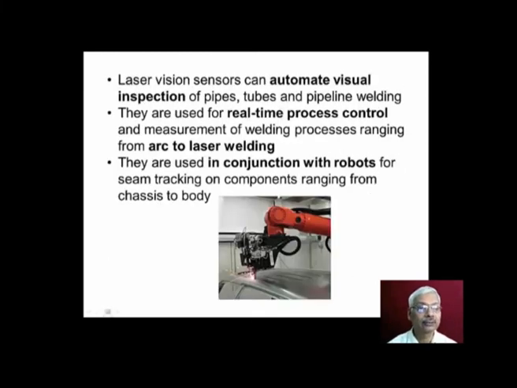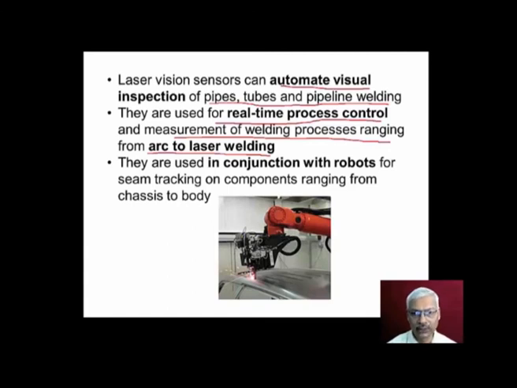Now laser vision sensors can automate visual inspection of pipes, tubes and pipeline welding. They can be used for real-time process control and measurement of welding processes ranging from arc to laser welding. Now you can see here the welding system as well as the laser vision system together.